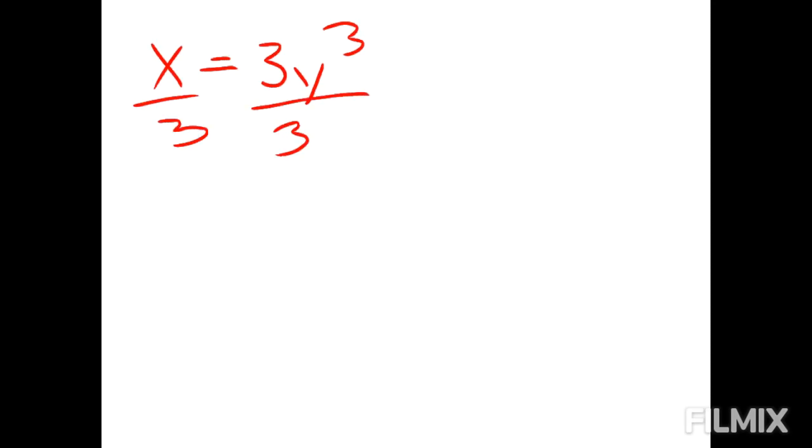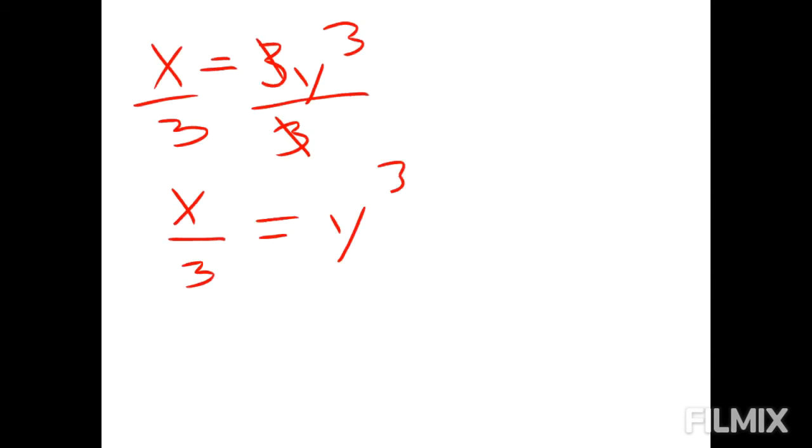Say we have x is equals to 3y cubed. And then first step is to divide both sides by 3. So we can eliminate this. And then we have the answer x over 3 is equals to y cubed.